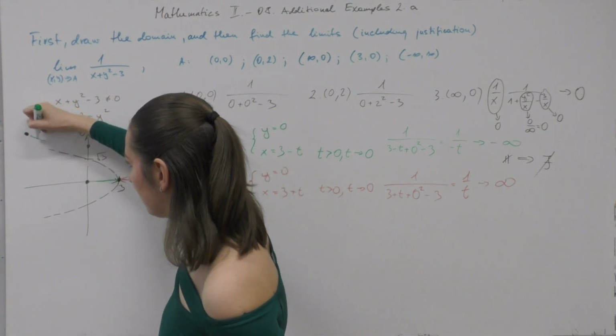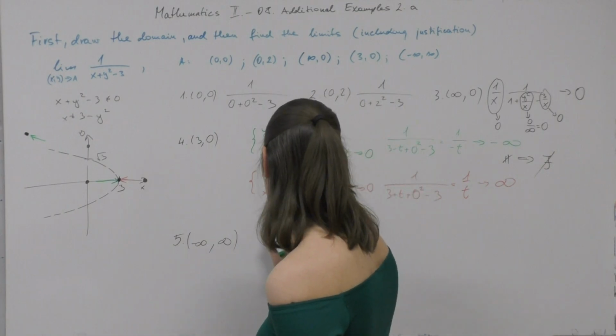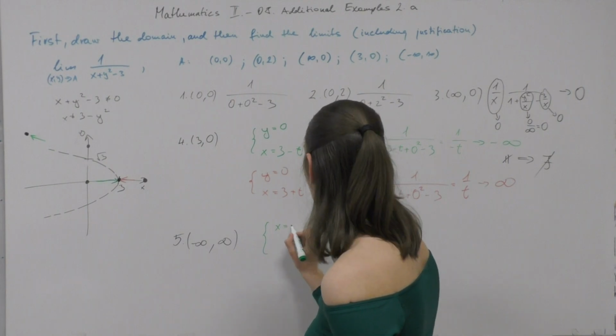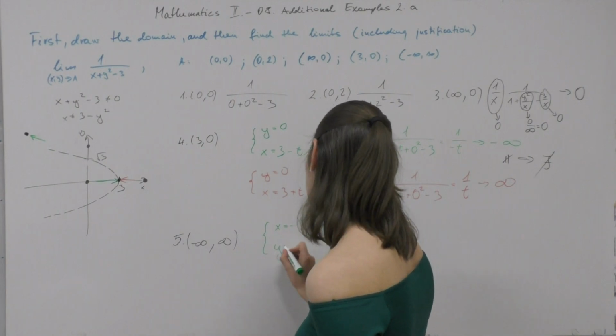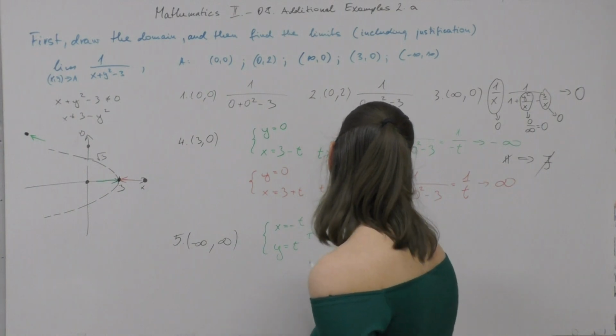We can choose, for example, this one, where x is minus t and y is t, where t goes to infinity.